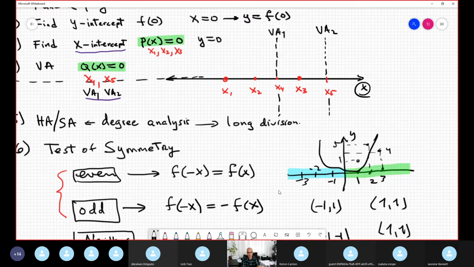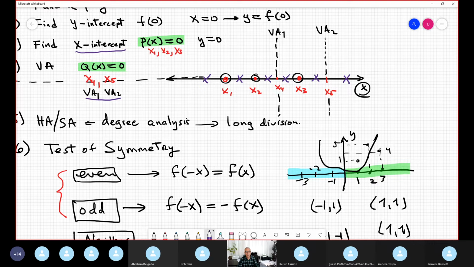And we have, in this case, hypothetically, 3 x values and 2 vertical asymptotes. So it is obvious that the minimum number of values you plot in the 7th topic is at least one value after x5, at least one value between x3 and x5, at least one value between x4 and x3, at least one value between x2 and x4, at least one value between x1 and x2, and one before x1.